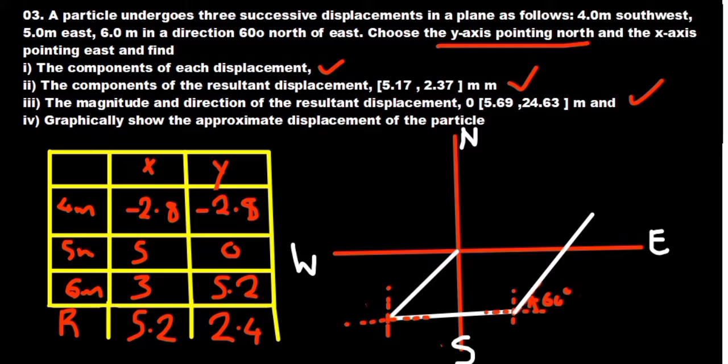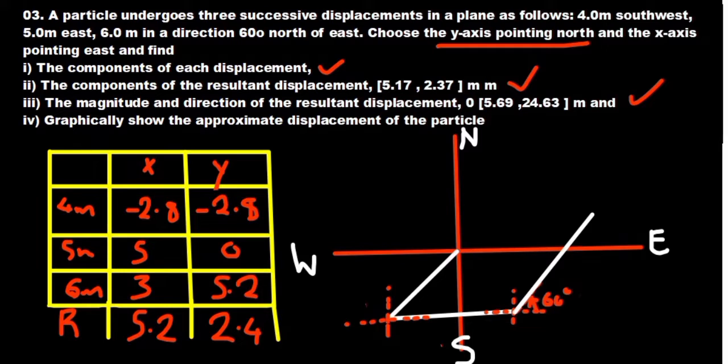This is an approximate displacement. In a case where you are using the compass and everything else, you're supposed to make sure the lines drawn are exactly the meters that you're given, and you use a compass and protractor to come up with the angles.